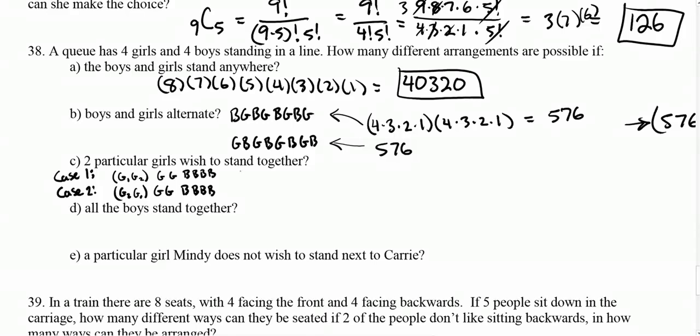Okay. So the first case, we have 7 options, and then times 6, times 5, times 4, times 3, just like we did in part A. So it was 7 factorial. And then we have 7 factorial ways for the next arrangement. And so we're going to add those together, and so our answer is going to be 2 times 7 factorial.